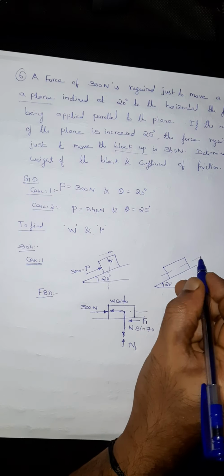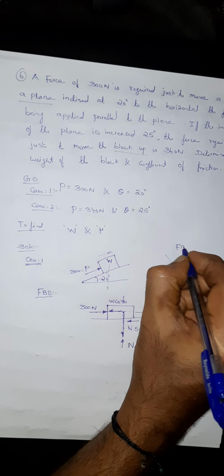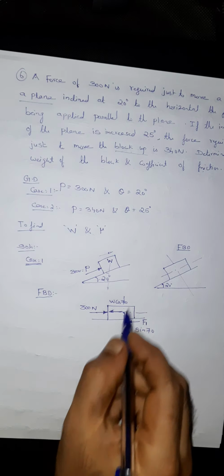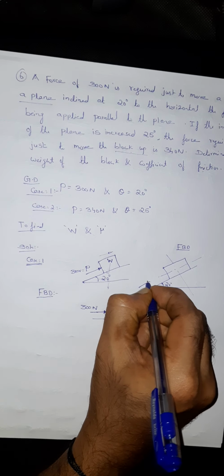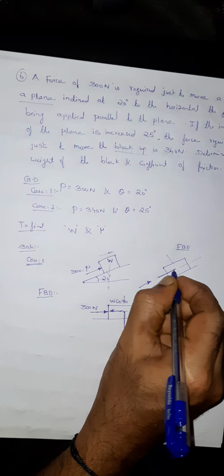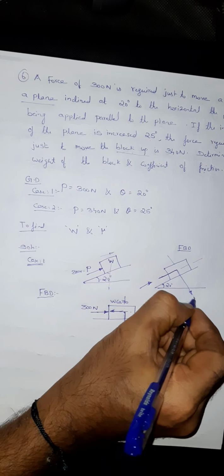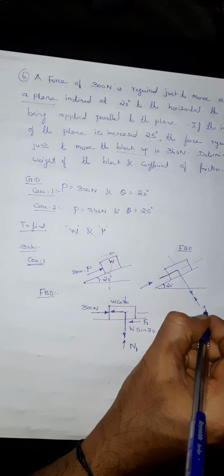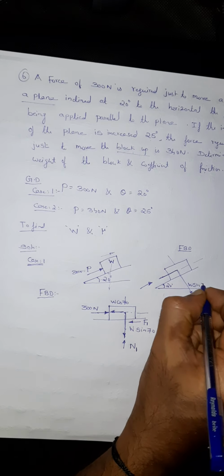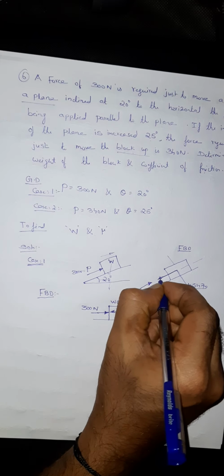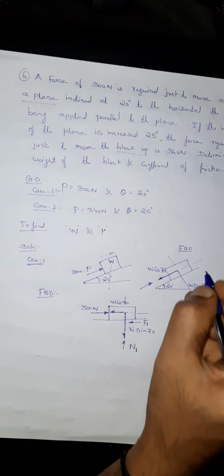This is again the FBD. This is N1, this is the weight component W sine 70, and this is the horizontal component W cos 70.